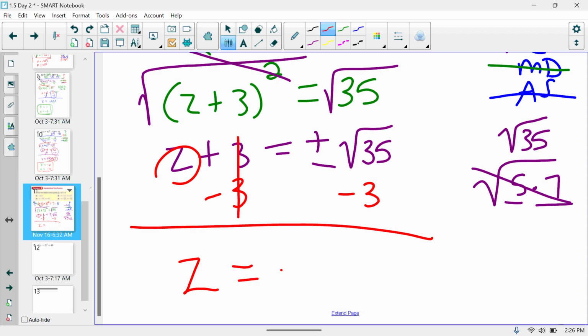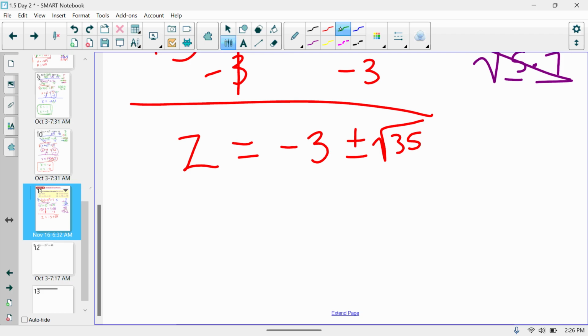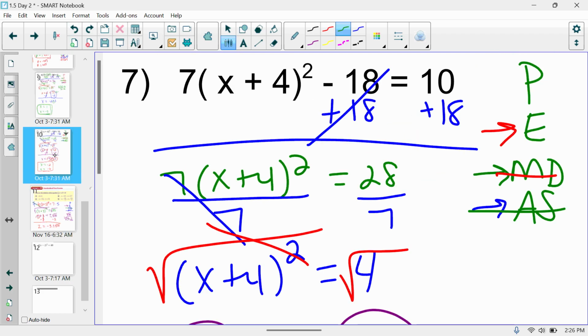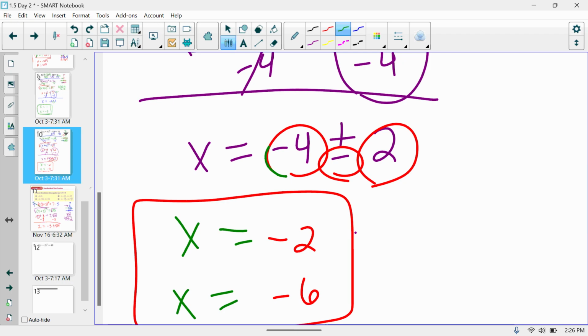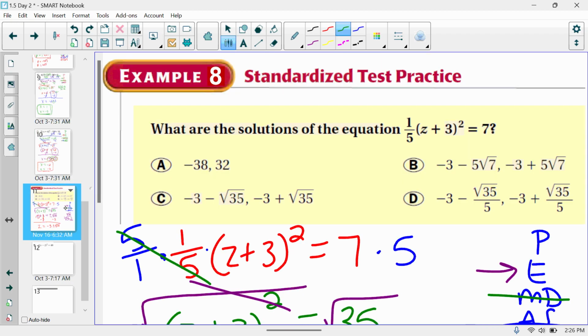So here's how you're going to write your answer, just like the other ones. Remember I told you, let's go ahead and write the -3 first, and then the plus minus symbol, and then radical 35. So again, on the last one, this was a whole number. So that made it easier because we could actually do this math. We could do -4 plus 2 or -4 minus 2.